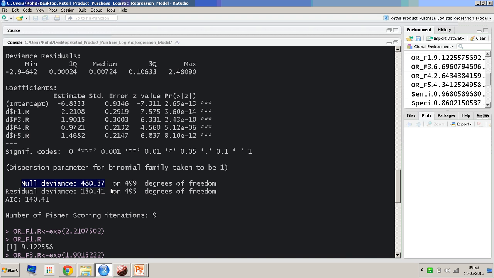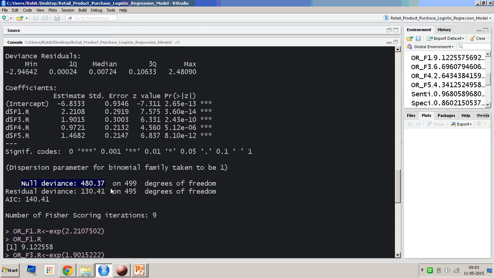So your consumers say that we don't necessarily care about any of the new features that you're incorporating, and whatever is there earlier in your product, maybe it's just the brand equity or whatever earlier features are there, due to that reason we will go ahead and purchase. So that intercept value, the beta 0 coefficient, is the only thing available in that particular model, and that is what the null deviance value is.